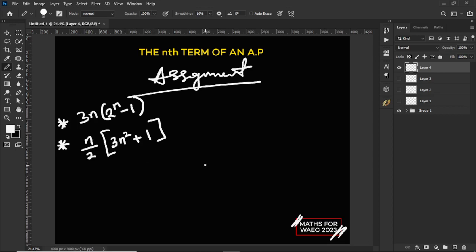Write down the first 5 terms of the sequence.